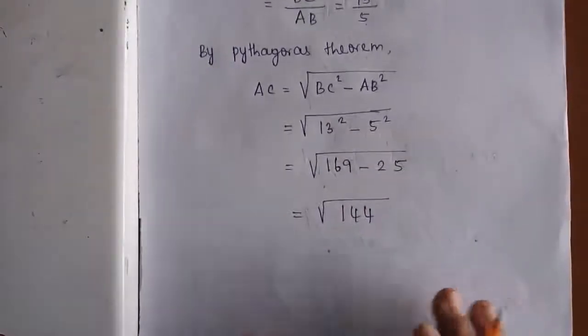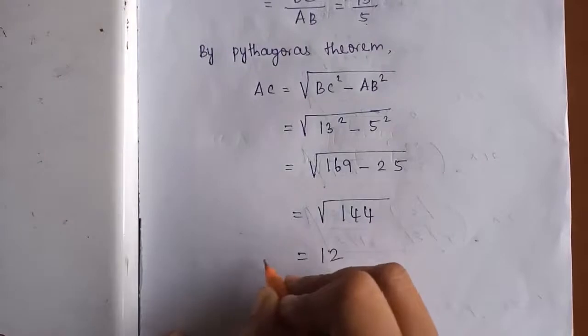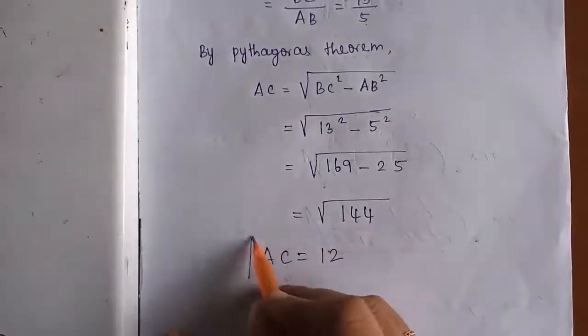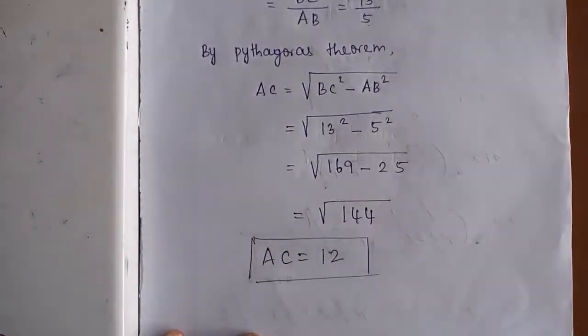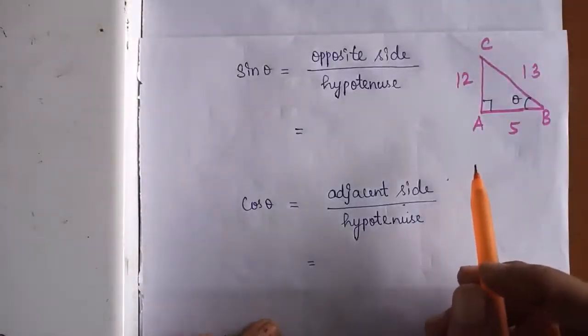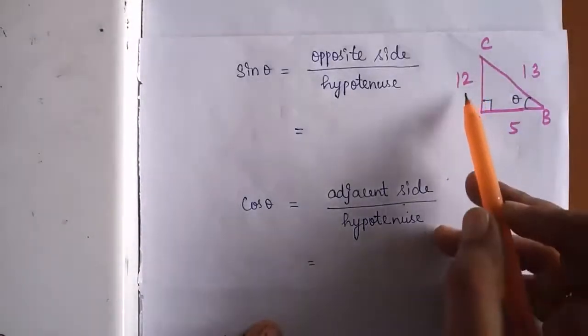So root of 144 is 12. Therefore the value of AC is 12. Now we find the opposite side. We find the remaining side AC is equal to 12.